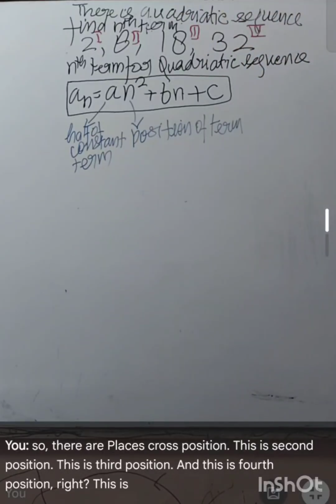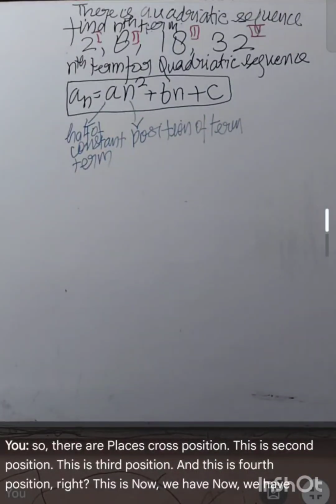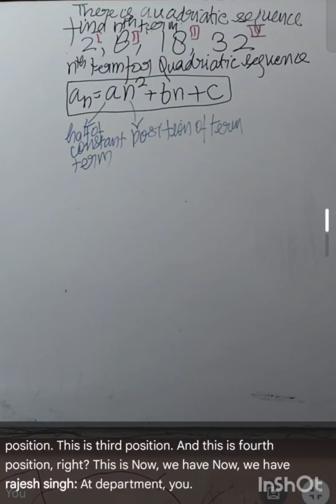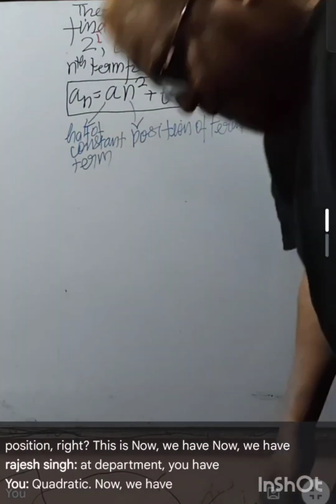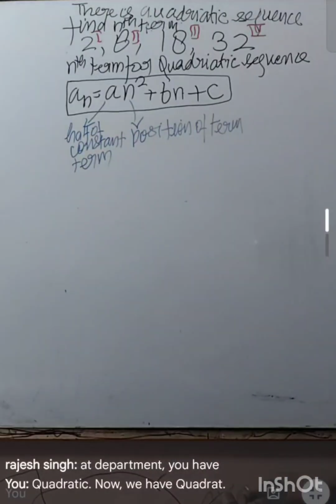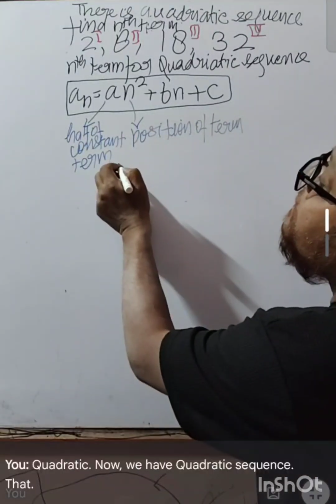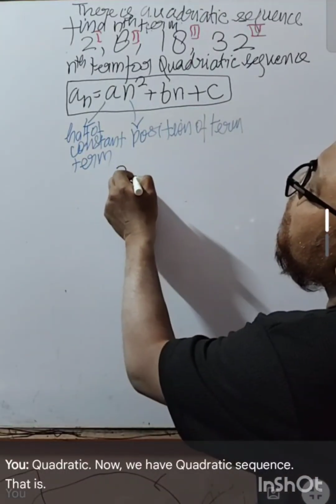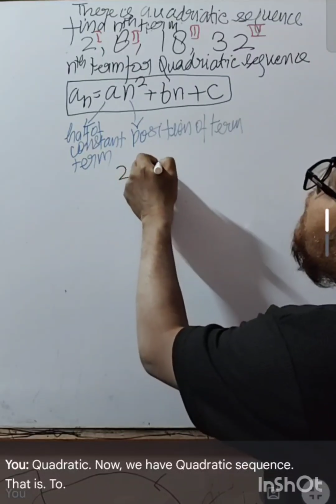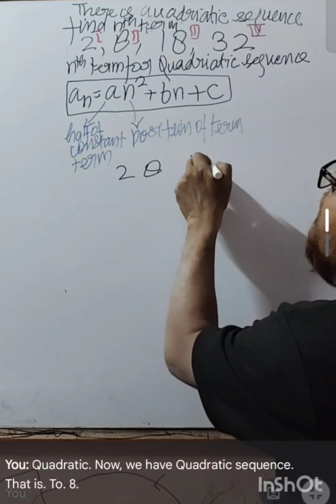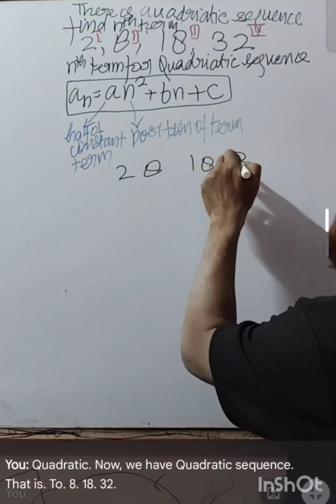Now we have the quadratic sequence 2, 8, 18, 32.